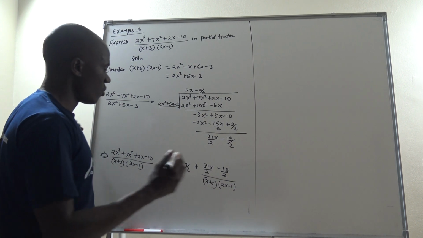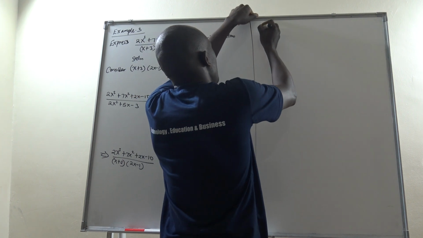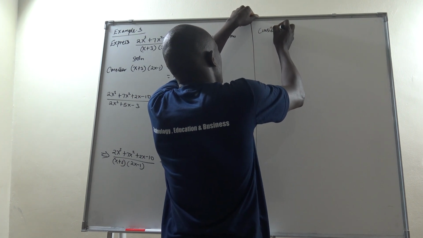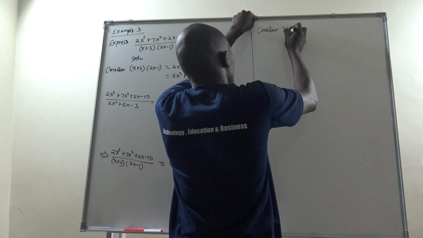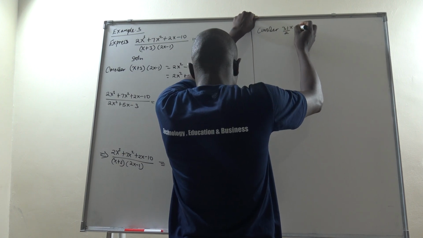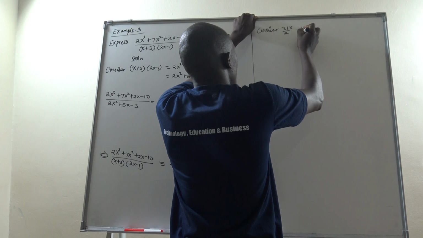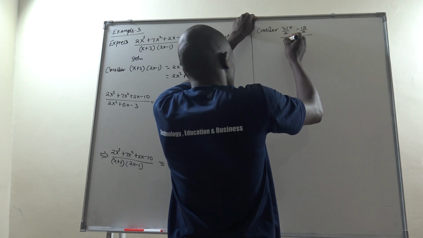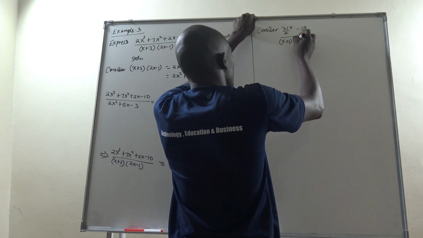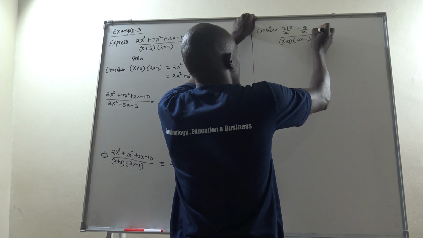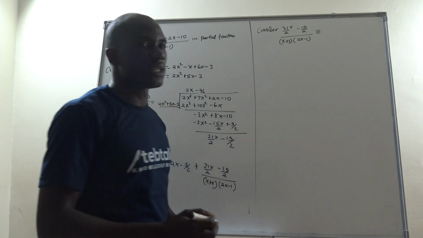Then from there, we say, consider (31x out of 2 minus 19 out of 2) all over (x plus 3)(2x minus 1). These ones are linear.